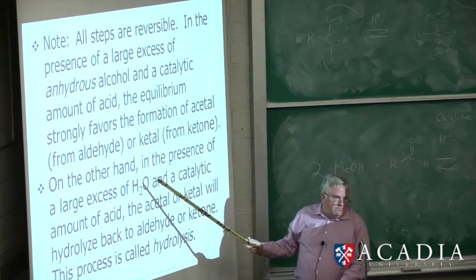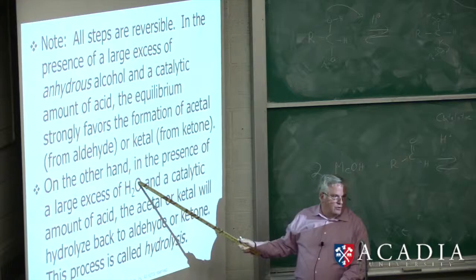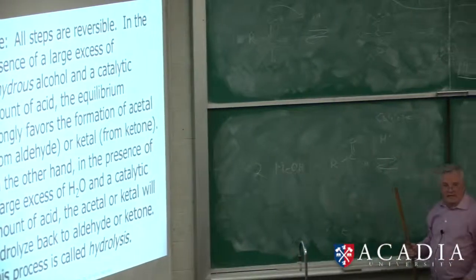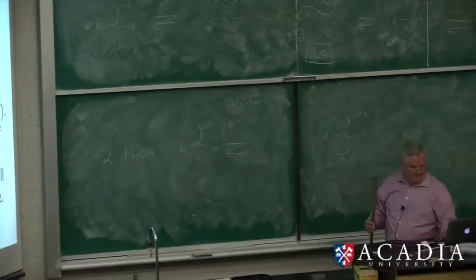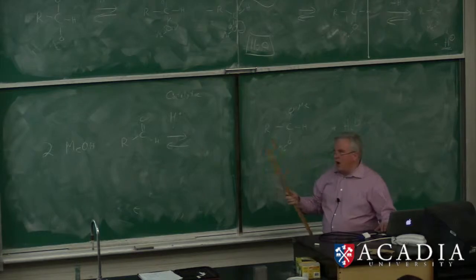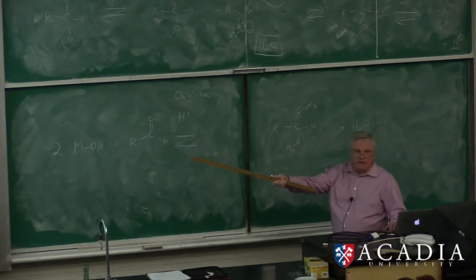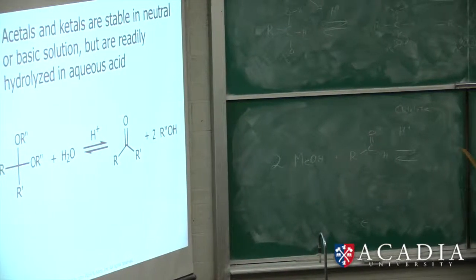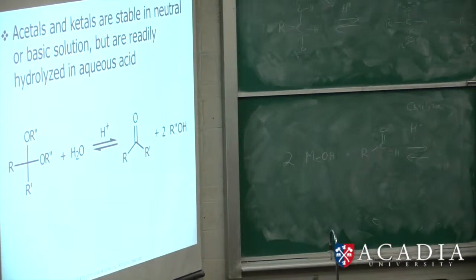If we have much water present, the reaction will favor the aldehyde or ketone. So we can drive the reaction the other direction just by taking our acetal and adding some water and some acid.